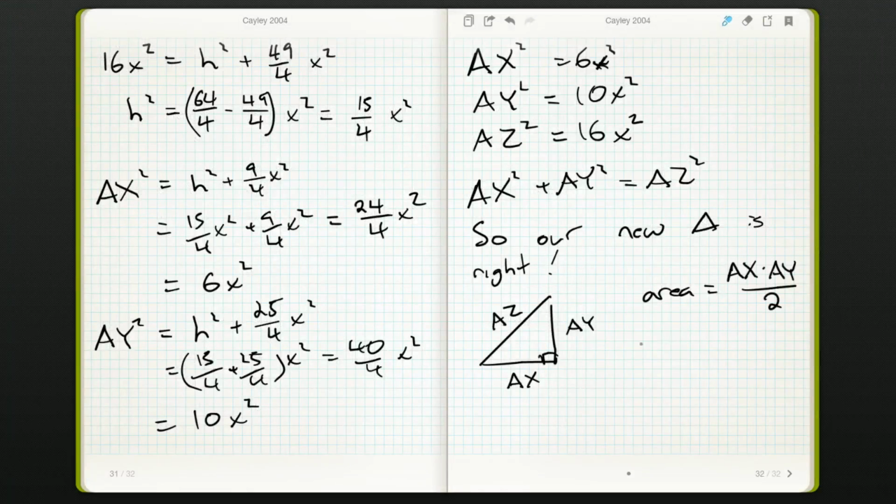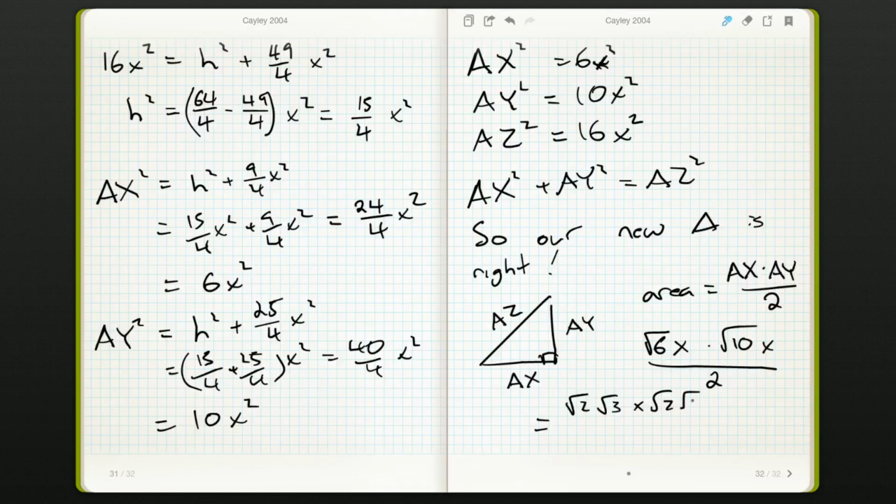Okay, so AX is root 6x, just square rooting these. And then square root 10x all over 2. So we're going to have a root 2, root 3x, a root 2, root 5x. The only reason I'm separating those out is because these root 2's will cancel out with the 2 on bottom.